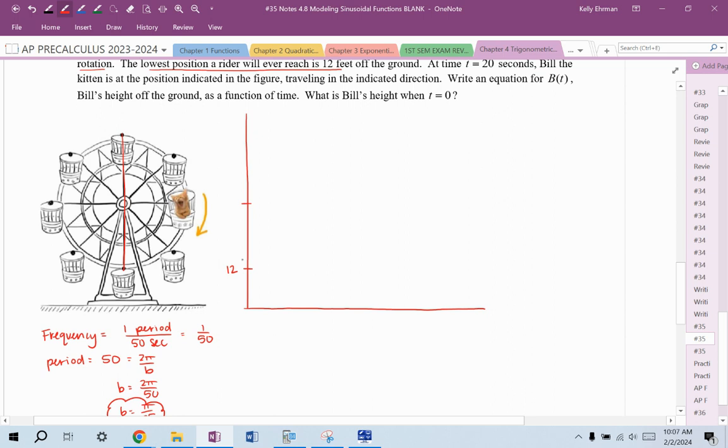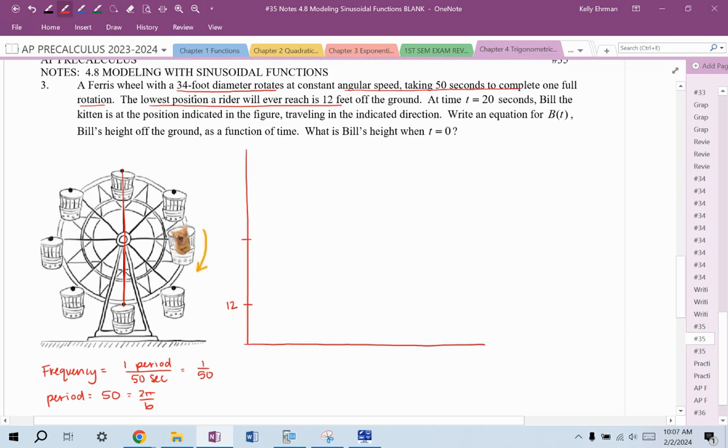And now we can use that diameter. The diameter is 34 feet, so add 34 feet to get to the top of the Ferris wheel. So 34 plus 12 is 46 up here. And then we'll be able to find the midline. So the midline is 46 plus 12 divided by 2, or just find half the distance, right?